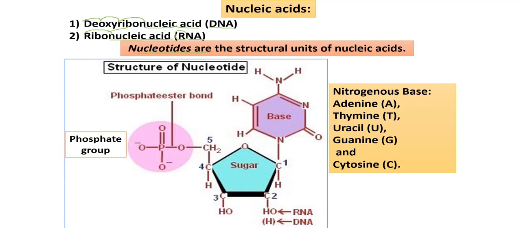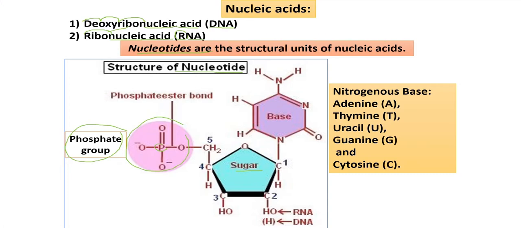Now we will look at the structure of one nucleotide. A nucleotide is made up of a phosphate group, and here we have phosphorus. It also has a sugar molecule, and the sugar is a pentose.